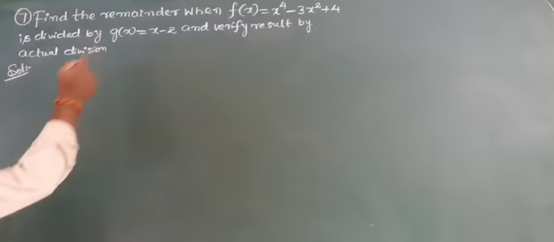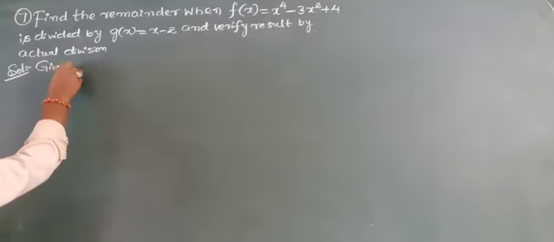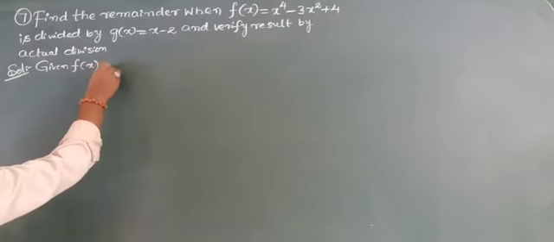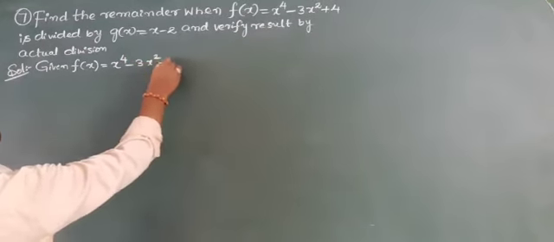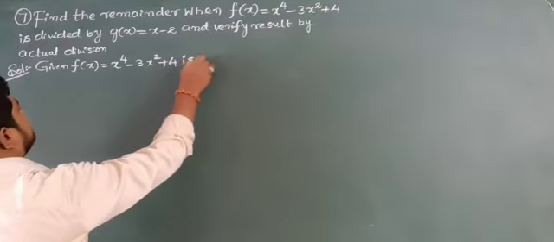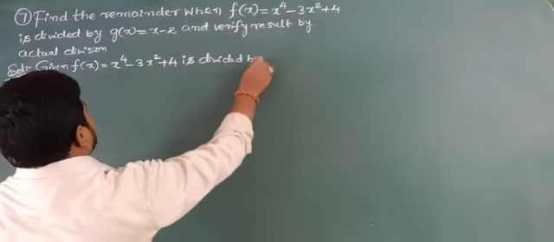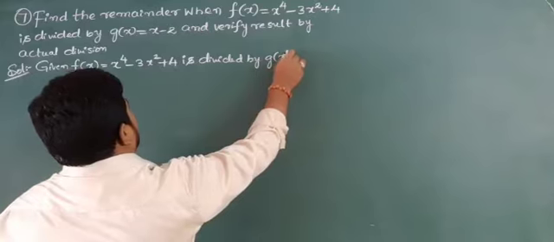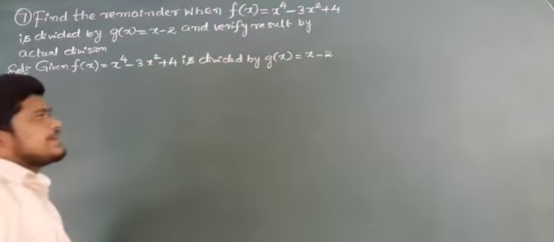So first of all, take f(x) and g(x). Given f(x) = x⁴ − 3x² + 4 is divided by g(x) = x − 2.